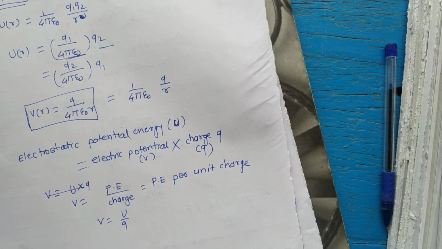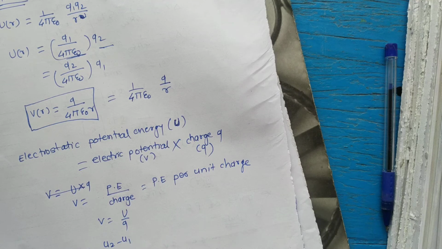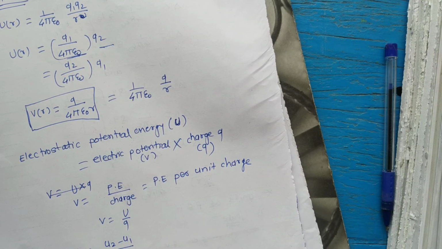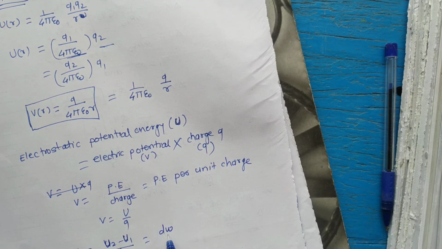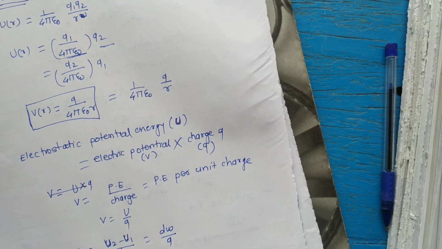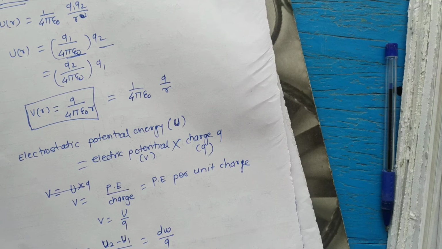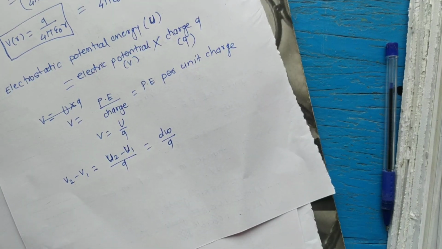For two point charges, the potential difference is phi2 minus phi1, that is, u2 minus u1 divided by q, which is nothing but the work done per unit charge to move a charge from point 2 to point 1. Potential difference is equal to the work done per unit charge.